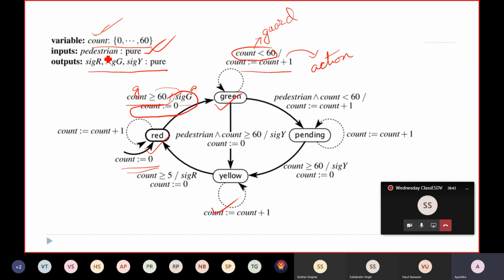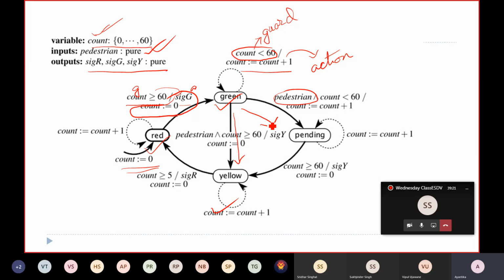According to that input, maybe in the green state, you have planned that you will stay for 60 seconds. But if the pedestrian signal is now on, what will happen? You have to go to the pending state. Otherwise, from green to yellow, according to your transition specification, you could have moved directly.